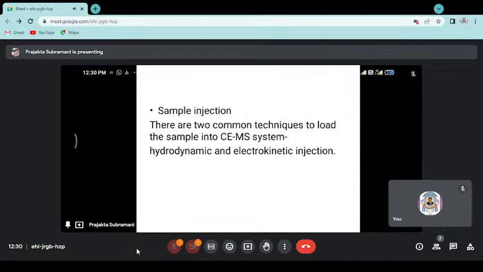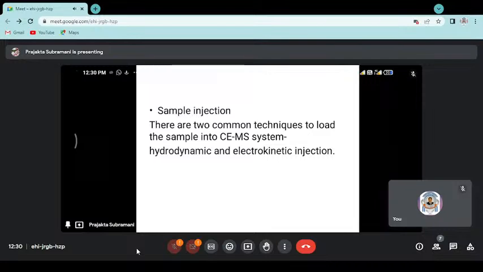The different components which are important for CE-MS are the sample injector system as well as the ionization technique. The sample injection systems in CE-MS are of two types: the hydrodynamic injection system and the electrokinetic injection system.